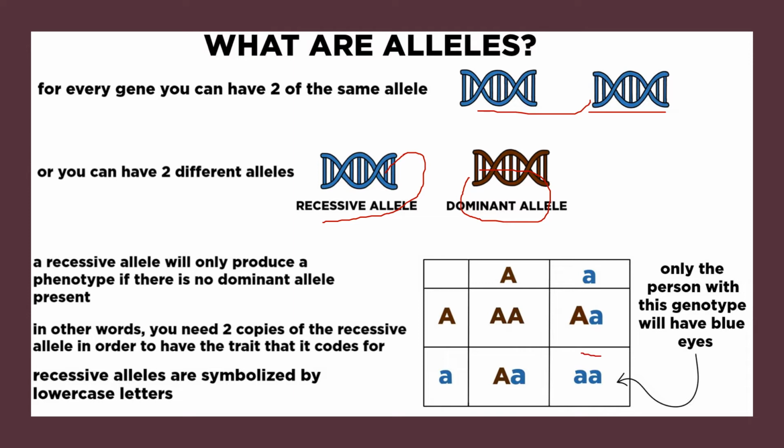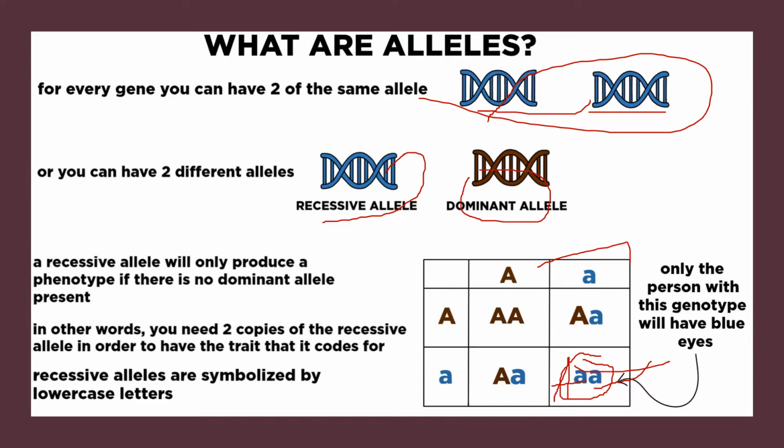So here, wala naman siyang dominant na allele, no? Yung capital A for brown. So kaya magkakaroon ng blue eyes, or recessive allele, kaya lang siya lalabas. So in other words, you need two copies of the recessive allele. Parang ito, no? At saka here, no?